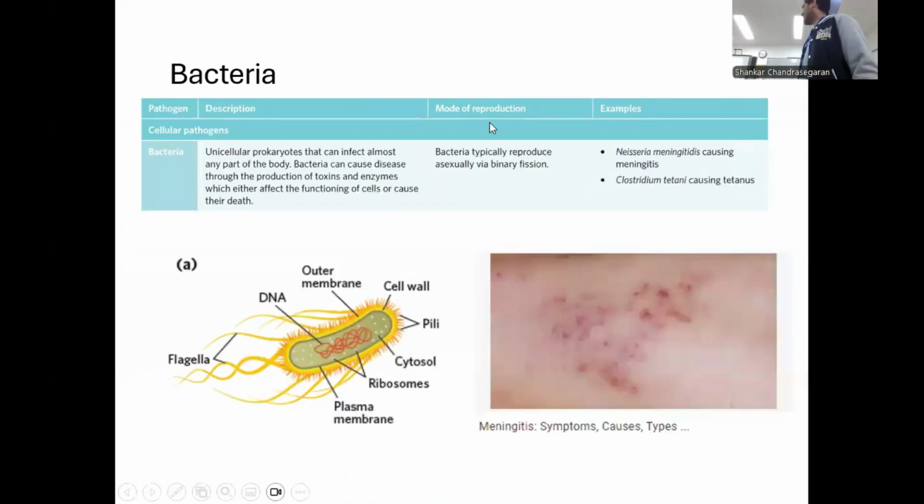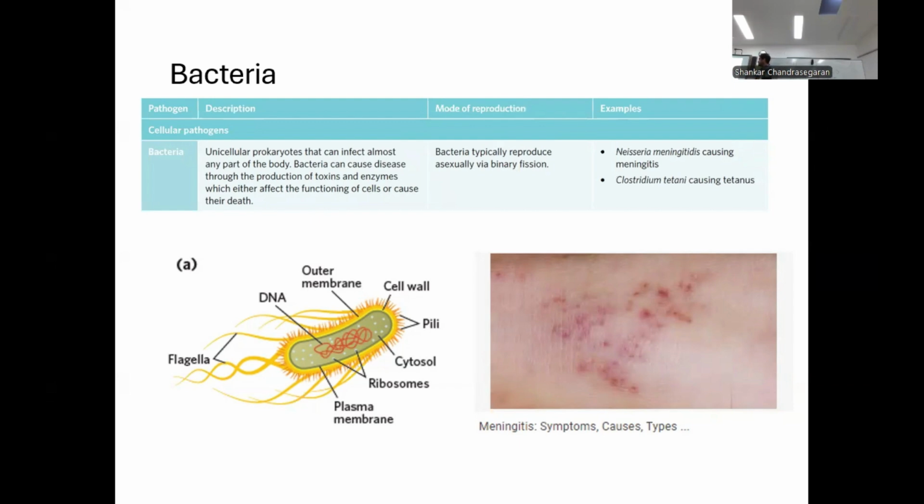That's why it is considered asexual reproduction. It doesn't need another partner. It just does it on its own, making a genetically identical copy of itself. And these can cause all kinds of diseases. For example, that's your, I can't pronounce this, right?